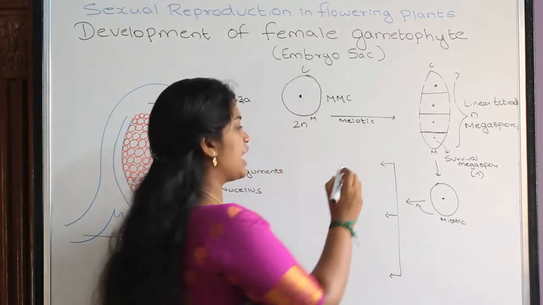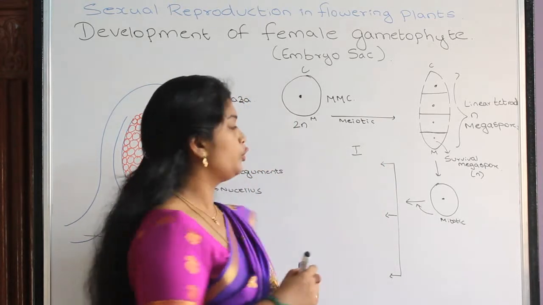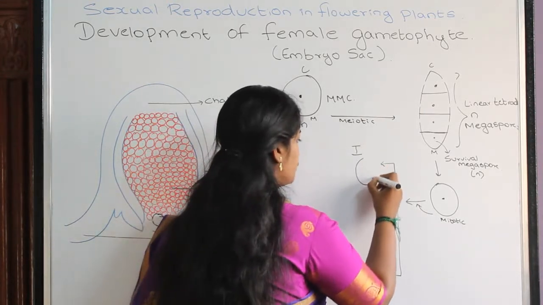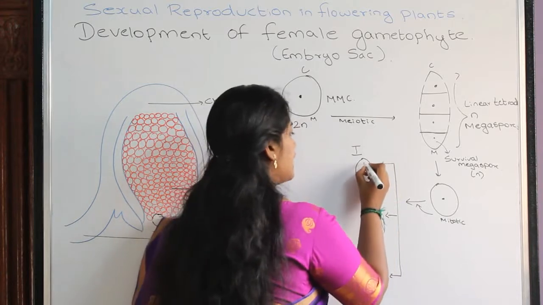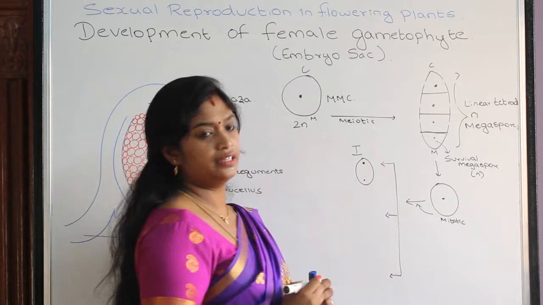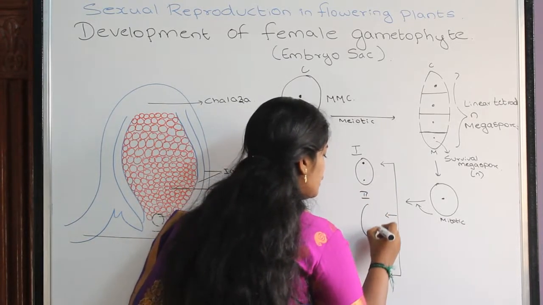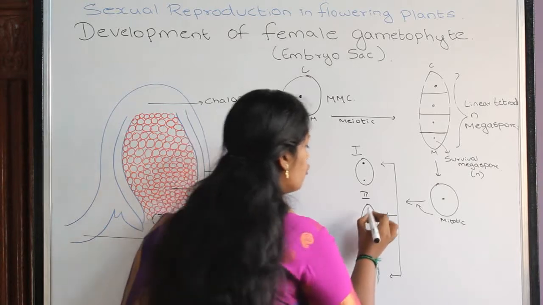In the first karyokinetic event, there is a formation of 2 nuclei, one in the chalazal region, the other in the micropyle region. In the second karyokinetic event, there is a formation of 4 nuclei.